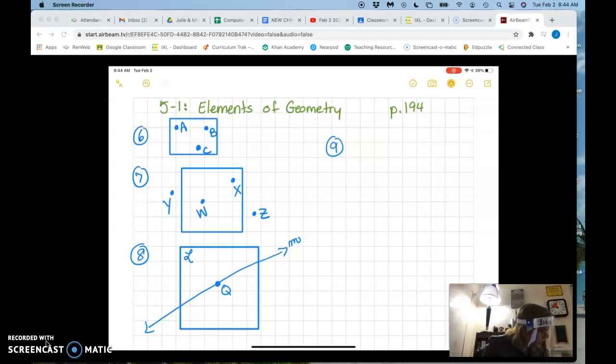And then number 9, planes J and K intersect at line T. So that would be like the last picture that I had on the screen for the first 5 problems. You're going to have 2 planes. See if I can do this again. Oh no, that's not what I drew. Come on.